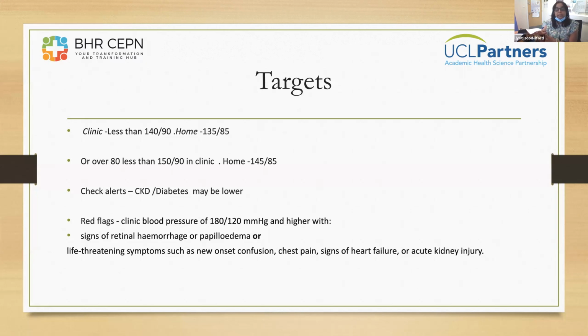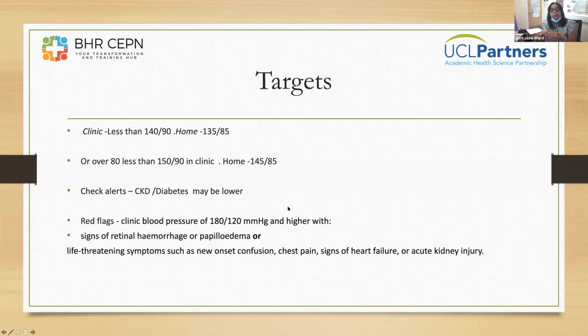For example, a CKD patient may have a target of 130/70, so even lower. So don't be surprised if the patient comes and says the doctor or the pharmacist told me this should be my reading. You're thinking you'd be happy with 150/90, but actually it may be lower.